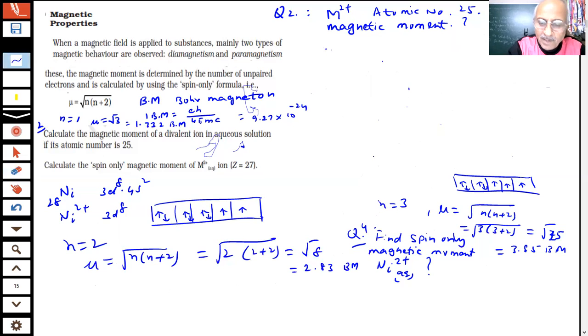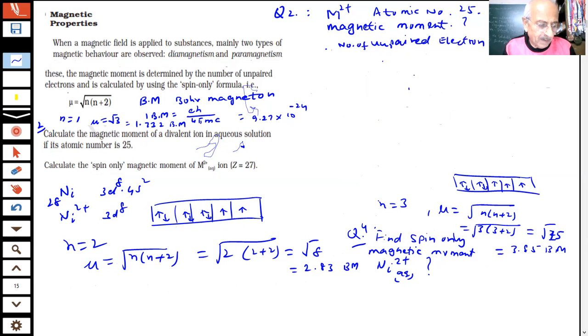That is the point, students. In general, the number of unpaired electrons we can calculate, and we get the magnetic moment, basically the spin only value, in Bohr magneton.